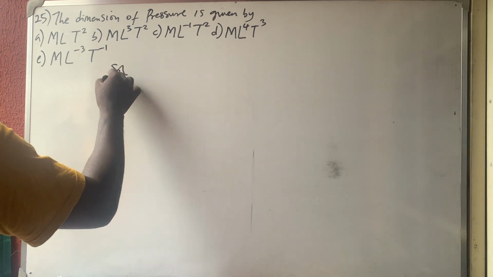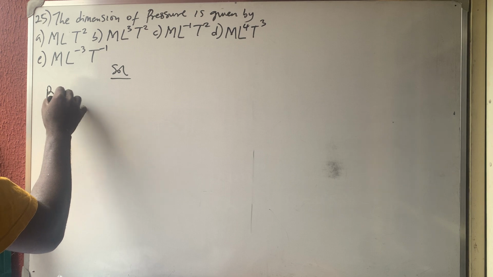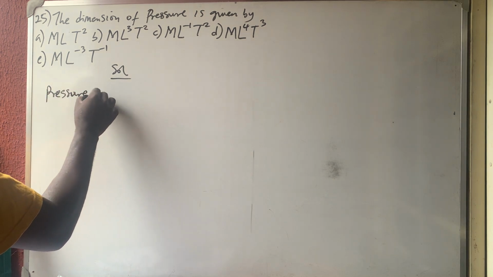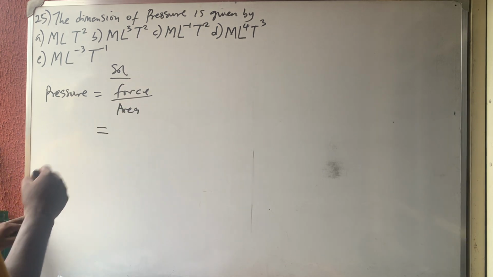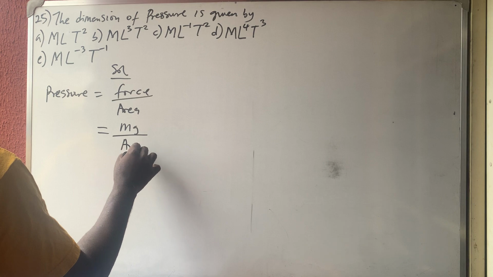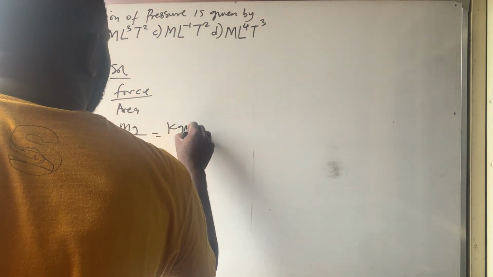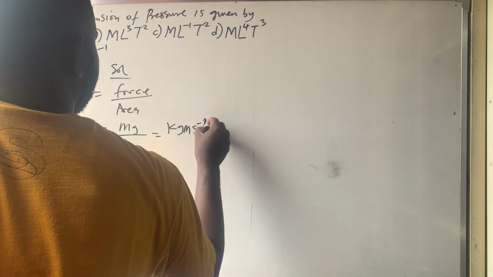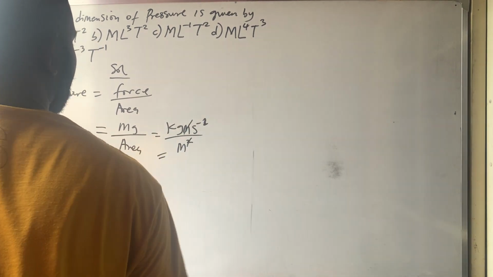Solution. Okay. We know that pressure is equal to what? Force over area. And force is mass times acceleration, all over area. Mass is kg, acceleration is meter per second square, and area is meter squared. So one of these cancels one of these.